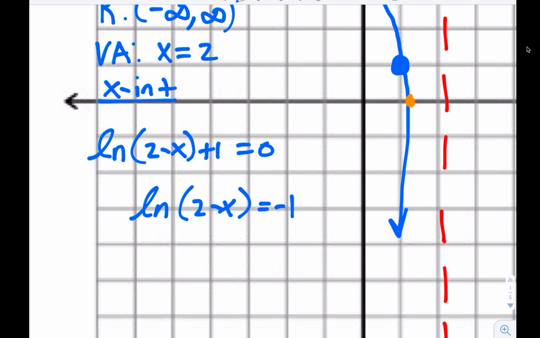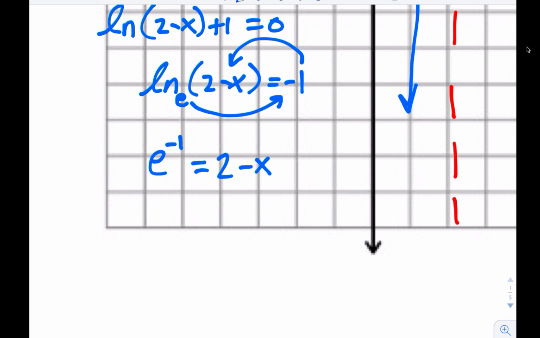Now I'm going to write it in exponential form. Because I'm using ln, it has to be base e. So e to the negative first gives me 2 minus x. Now all I want to do is solve for x.